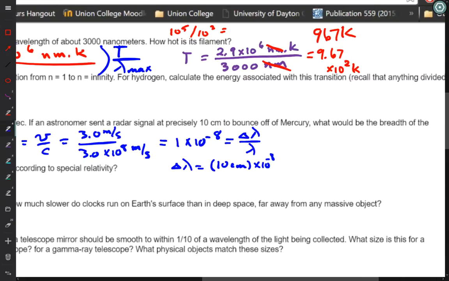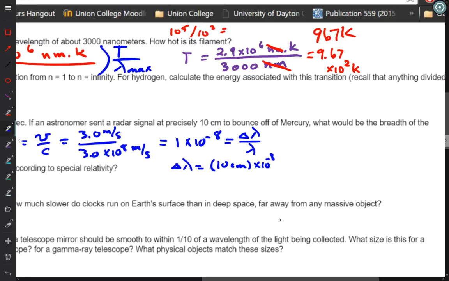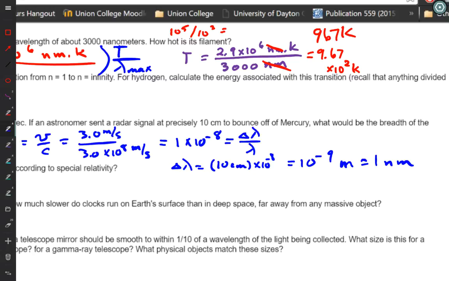Well, a centimeter is 10 to the minus 2 meters. So I'm going to do this in meters. So 10 centimeters is 10 to the minus 1. 10 to the minus 1 times 10 to the minus 8 is 10 to the minus 9 meters, or 1 nanometer. So that means my wavelength is going to be shifted up 1 nanometer on one side, down 1 nanometer on the other.